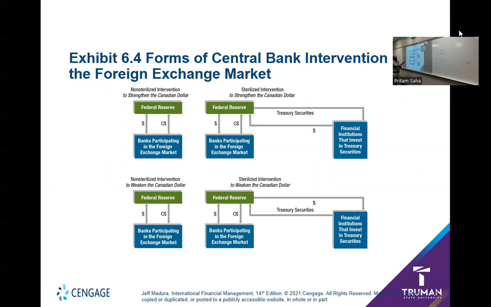When they go for sterilized, there is one more step. They participate in the market and at the same time use treasury securities to control the money supply in the economy. Make sense?